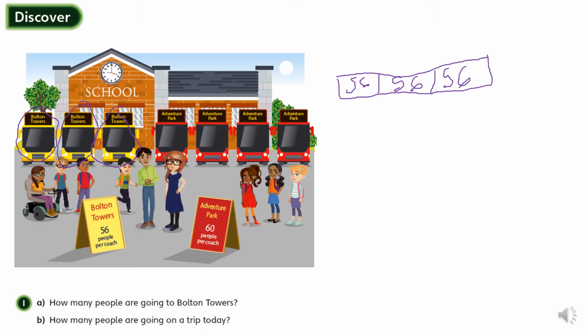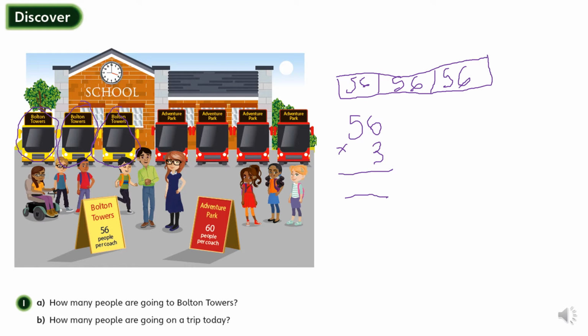And how would we work that out? I know you're all sat there thinking, well, we would use the column multiplication method that we've been using for the past few days. So I'll start to write that out properly. 56 multiplied by 3. Now our 3 times table knowledge really comes in handy.